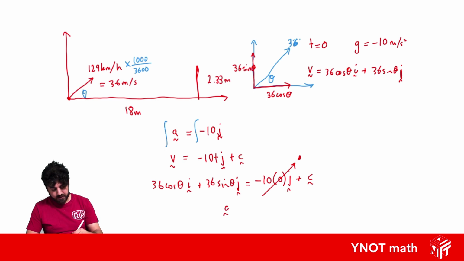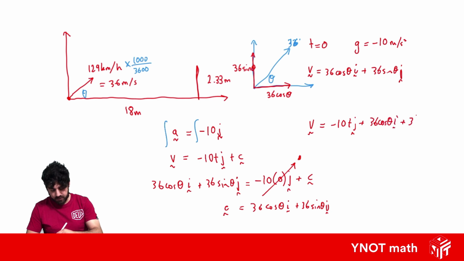And that means our constant vector is going to be 36 cos theta i plus 36 sine theta j, which means that our velocity vector is going to be minus 10t j plus 36 cos theta i plus 36 sine theta j.